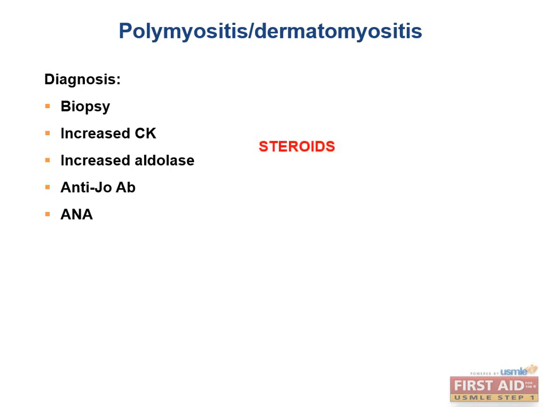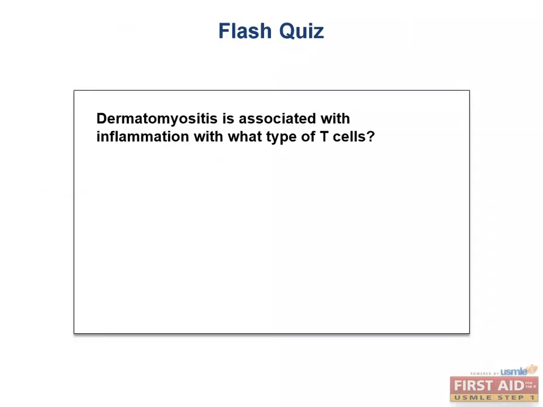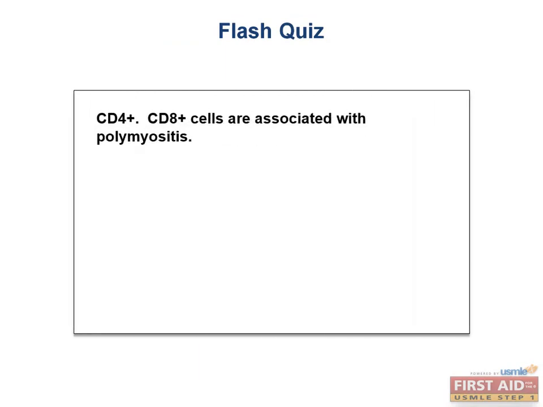And the treatment? Yeah, you guessed it, steroids. Dermatomyositis is associated with inflammation with what type of T cells? CD4 positive. CD8 positive cells are polymyositis.